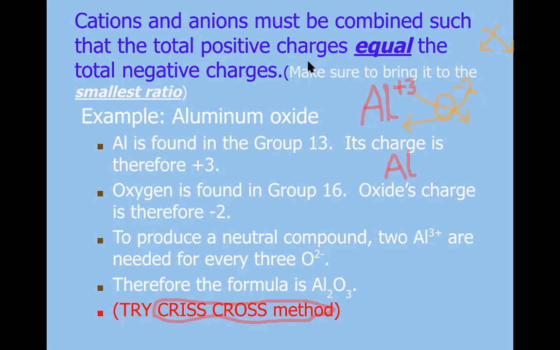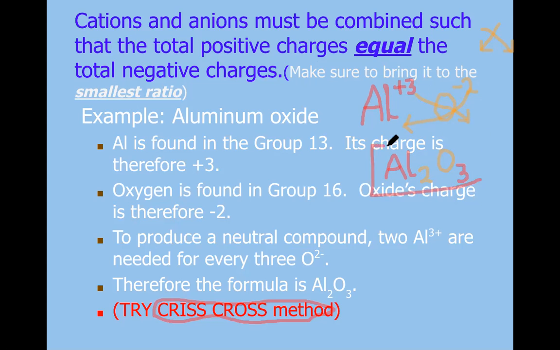So bring the 2 next to aluminum. Okay, I brought it. Then oxygen, I'm swapping the numbers, but this time I'm swapping as a subscript. And I'm taking the 3 to the opposite. So this is the final answer.